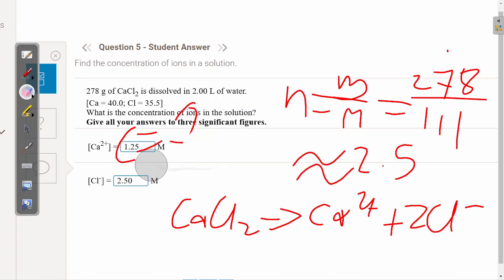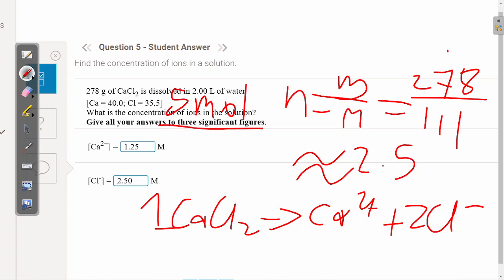So you'll get 1.25. Now for chloride, the ratio is 1 to 2. So chloride will be double that of CaCl2. It will be 5 moles. 5 moles over the total volume, you'll get 2.5.